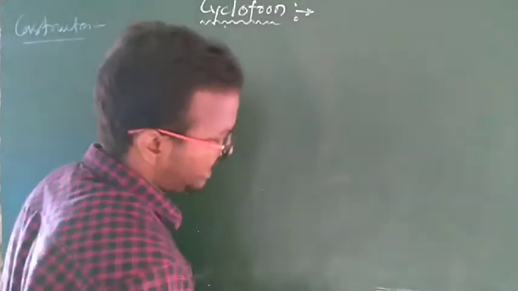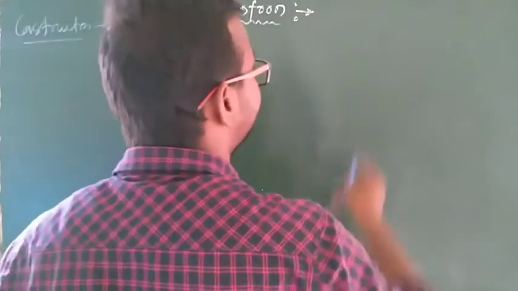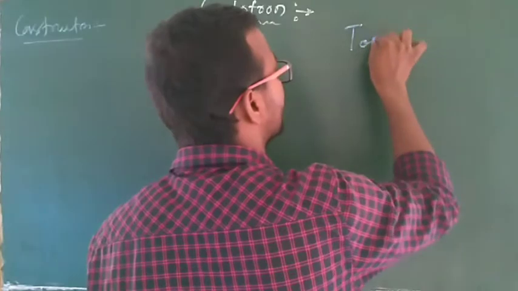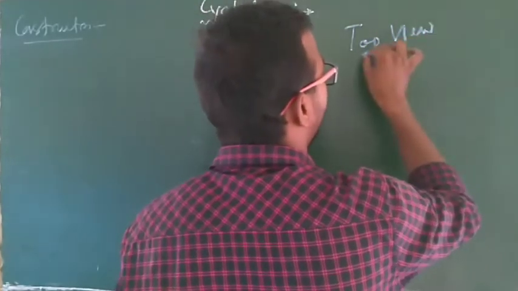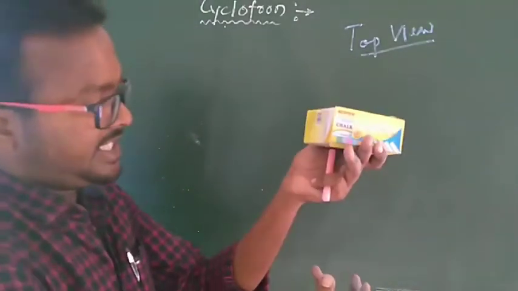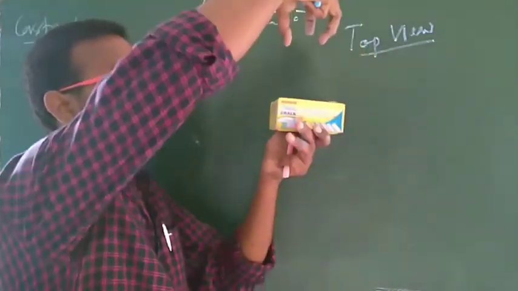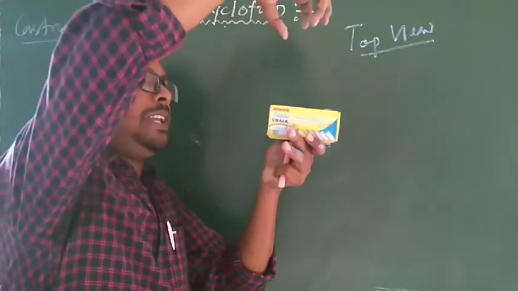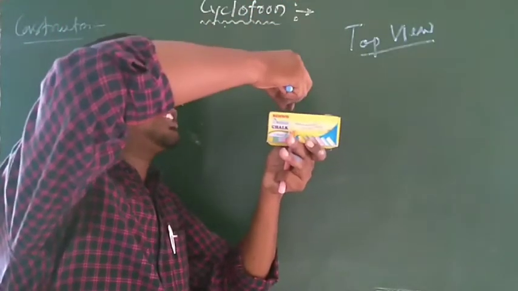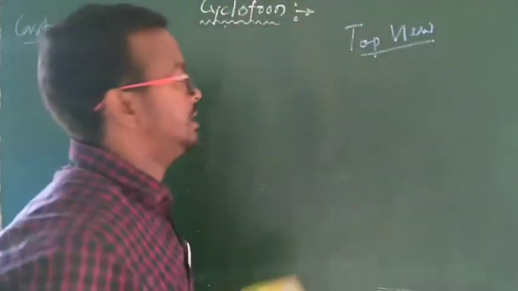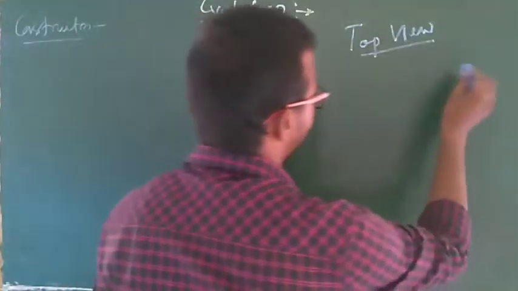Now we construct the top view diagram. If you observe from the top view, this is the north pole and this is the south pole. The magnetic field lines come out from the D-shaped material.